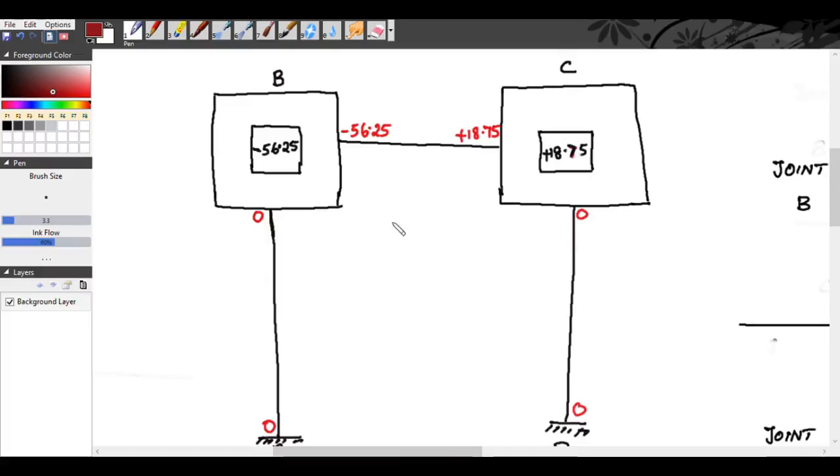For BA the rotation factor is minus 0.2. For BC the rotation factor is minus 0.3. See, the rotation factor should be written in the larger square. Rotation factor for the joint C for the member CB is minus 0.375.